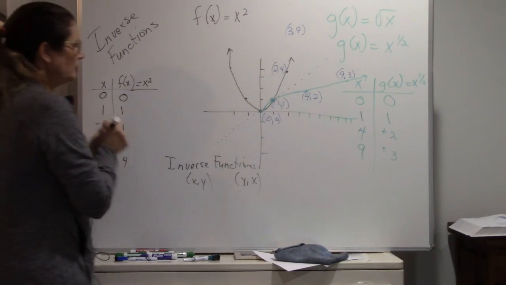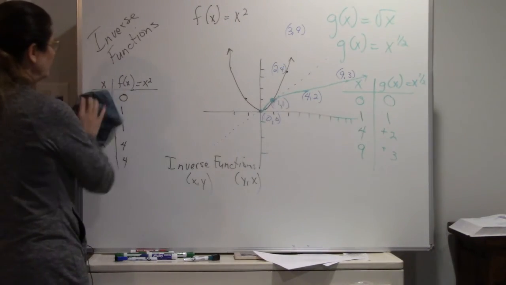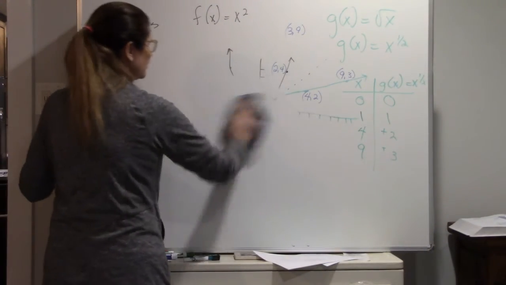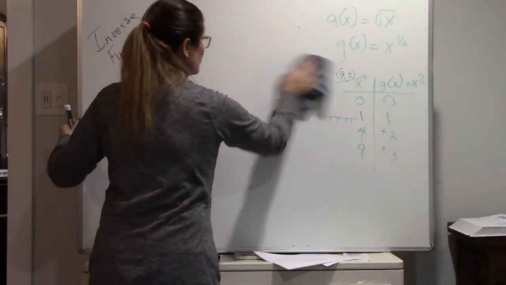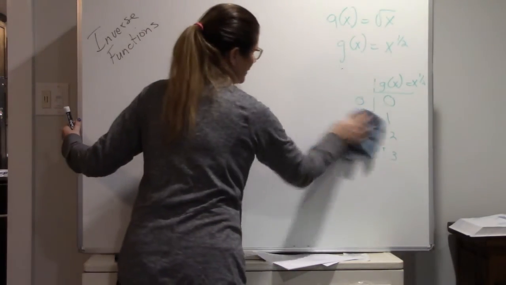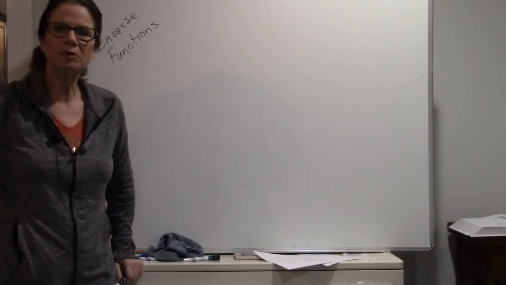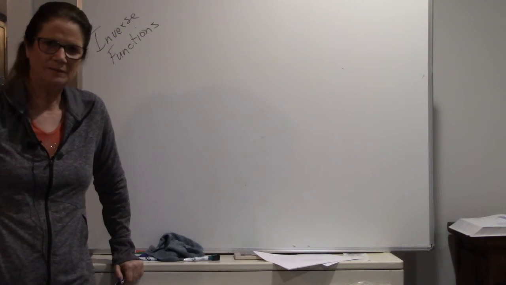So the inverse functions that you have seen throughout your math career is the inverse of adding is subtracting. The inverse of subtraction is addition. The inverse of multiplying is dividing.